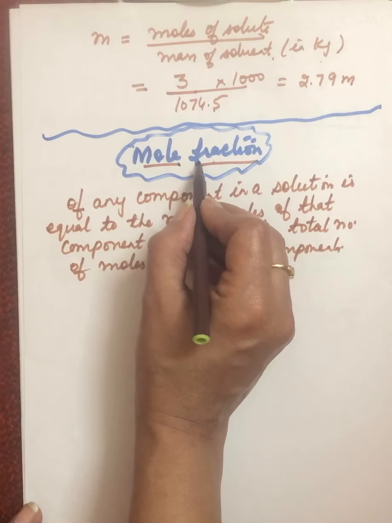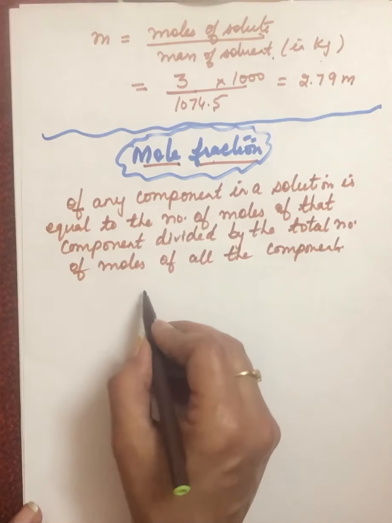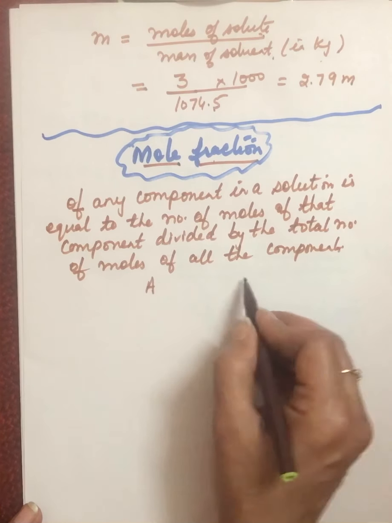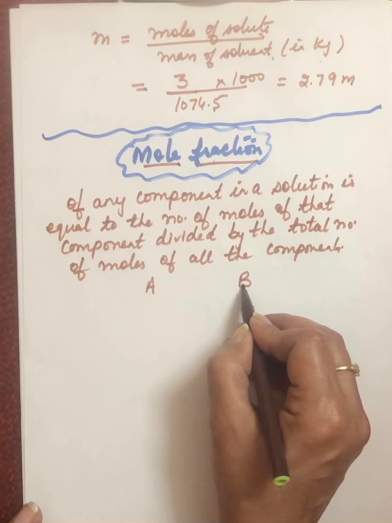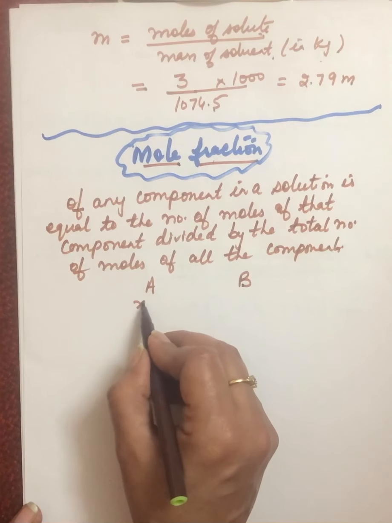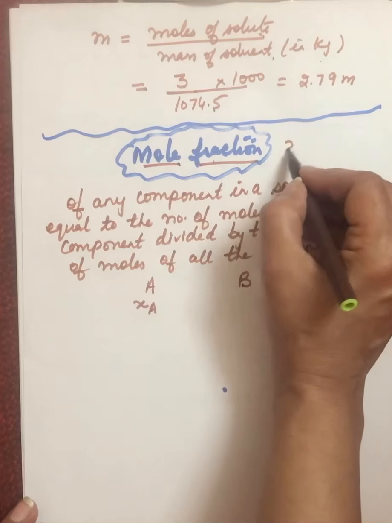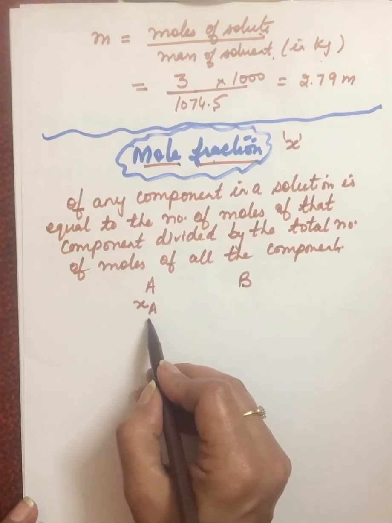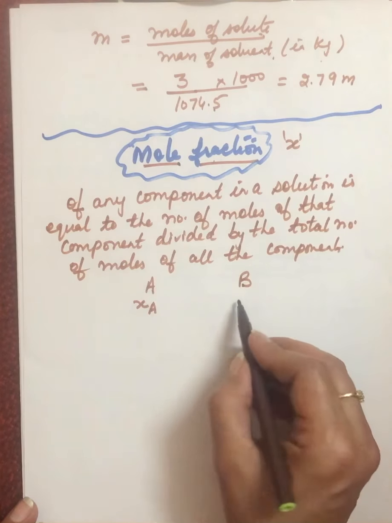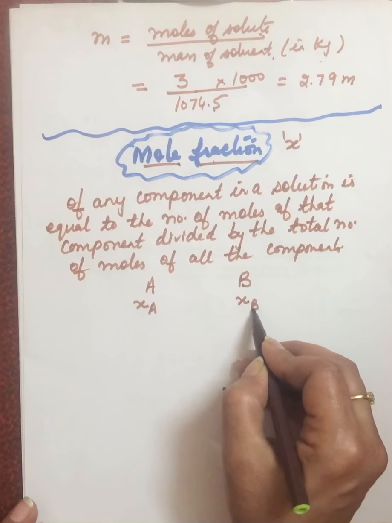of all the components. Suppose there are two components, we can say A component and B component in a solution. So mole fraction of A is XA. The symbol for mole fraction is X. So mole fraction of the A component is XA, of the B component is XB.